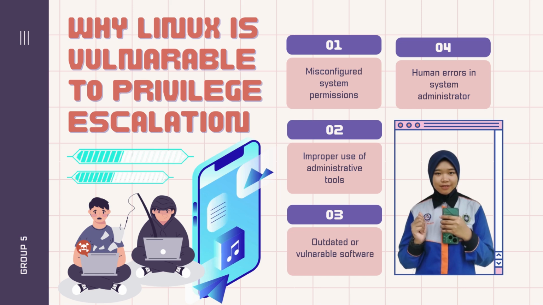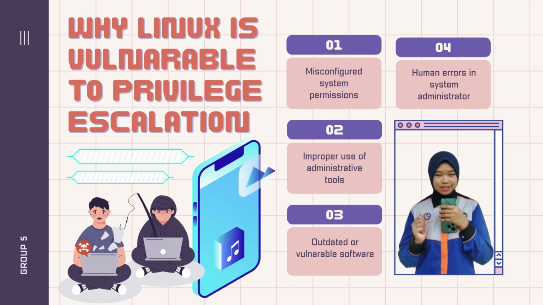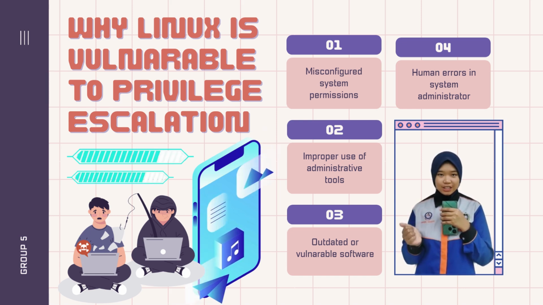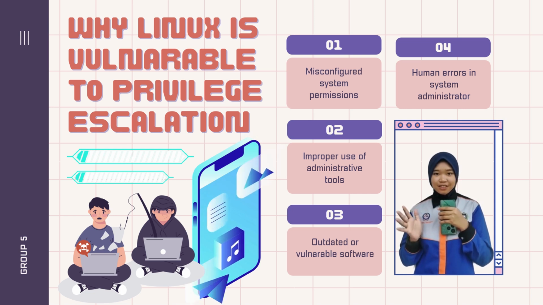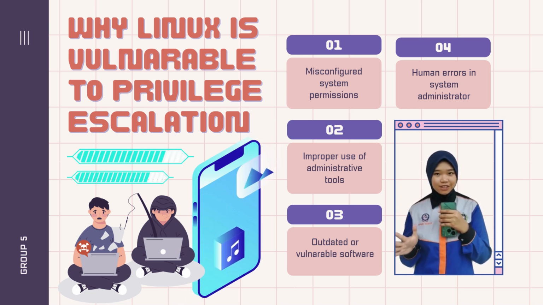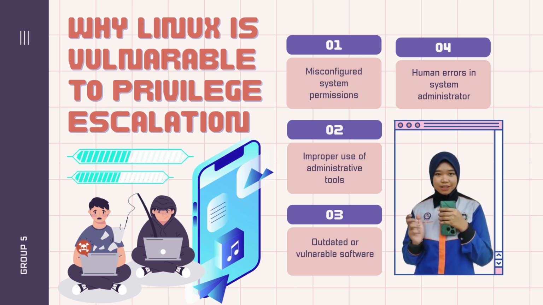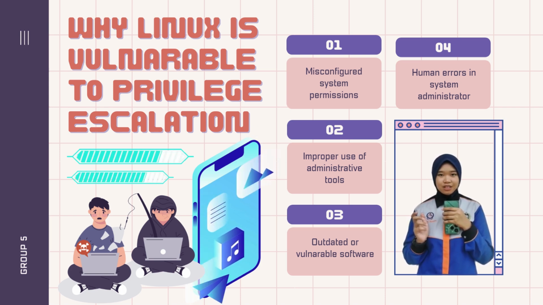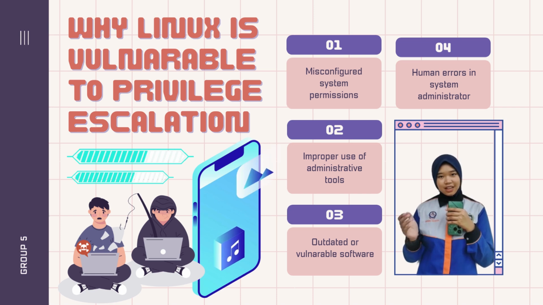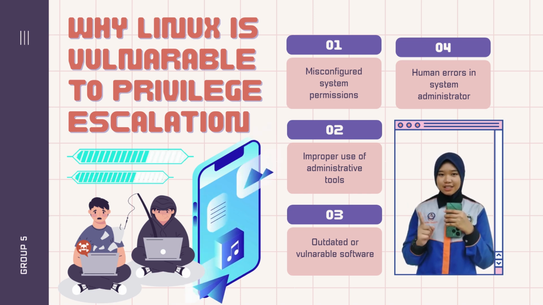Linux relies heavily on file and directory permissions such as read, write, and execute. If these permissions are incorrectly configured, sensitive files or scripts may become accessible to unauthorized users. As a result, attackers can exploit these permissions to modify system files or gain elevated access.